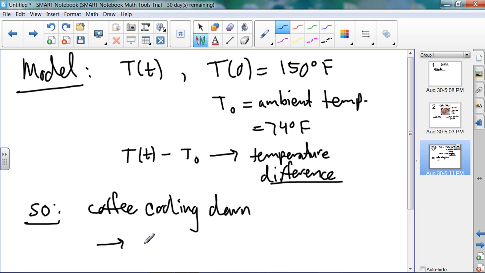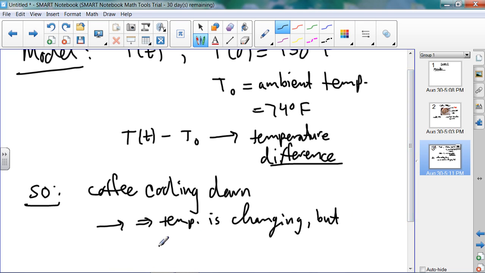So that implies that the temperature is not only changing, but more precisely, it's decreasing. All right? So we figure this out just by thinking through what coffee does when we take it off the pot. Okay, so now we know that the temperature is changing and it's decreasing.